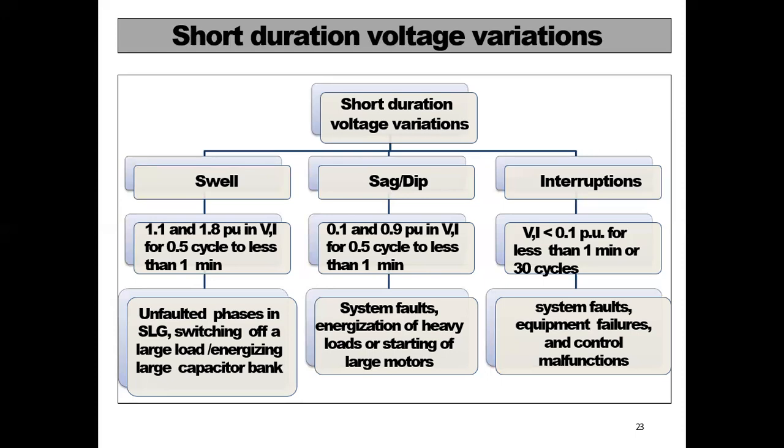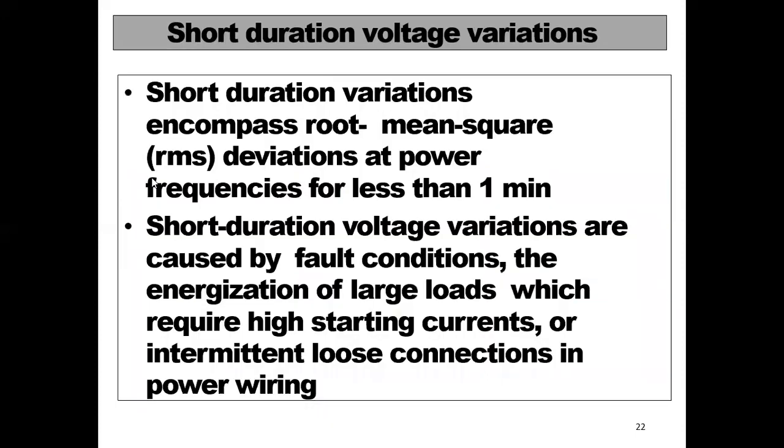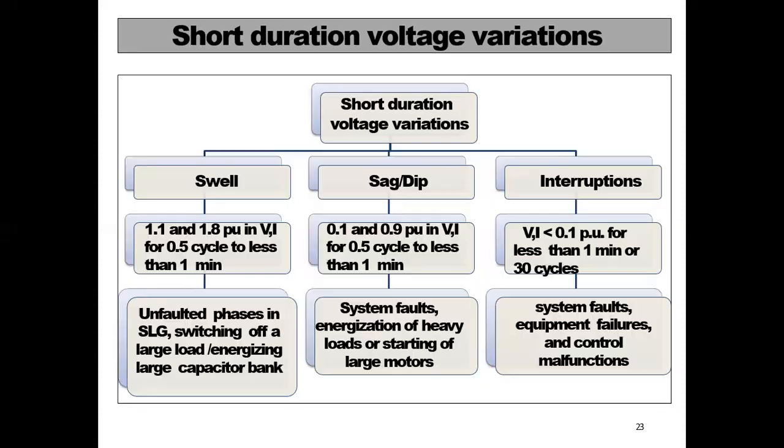Sag or dip is 0.1 to 0.9 per unit in voltage, comma, current for 0.5 cycle to less than 1 minute. It is caused by system faults, energization of heavy loads, or starting of large motors.